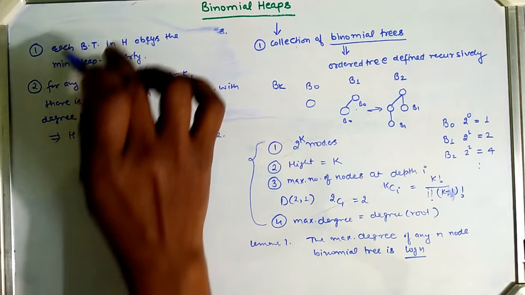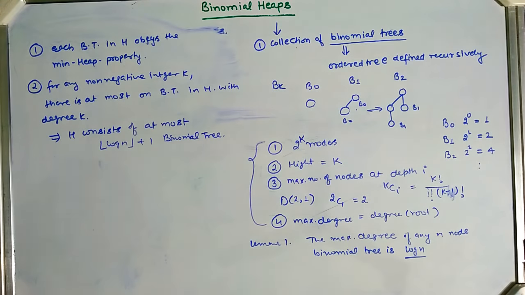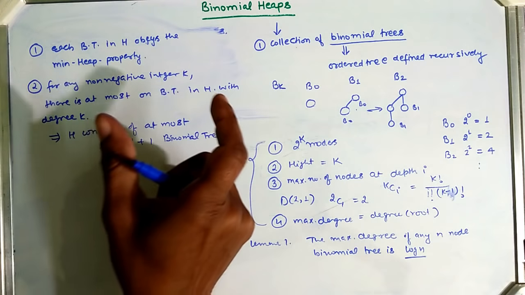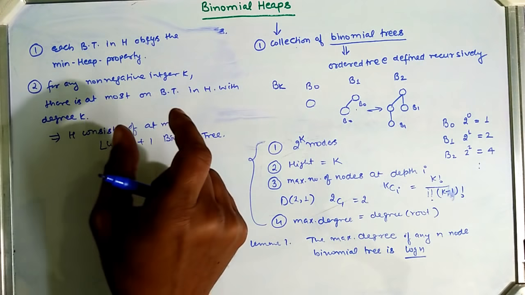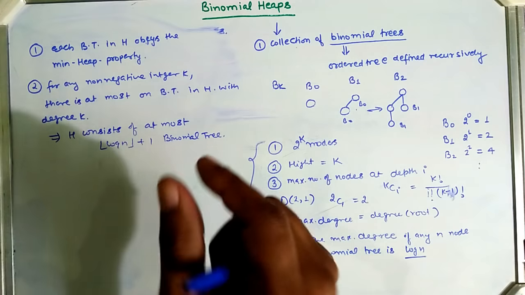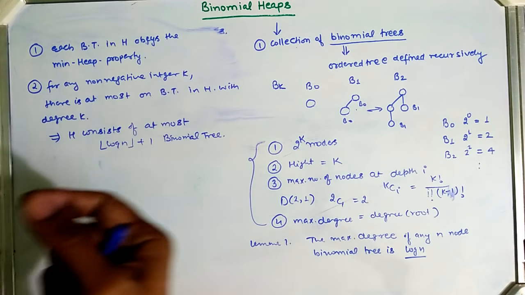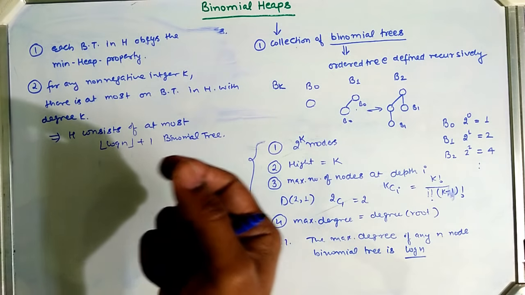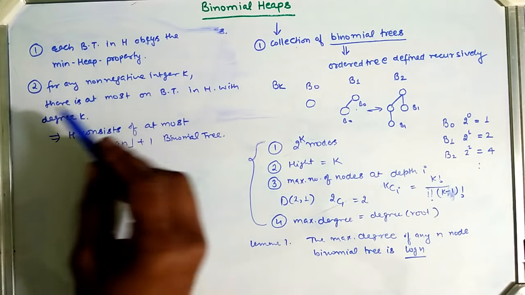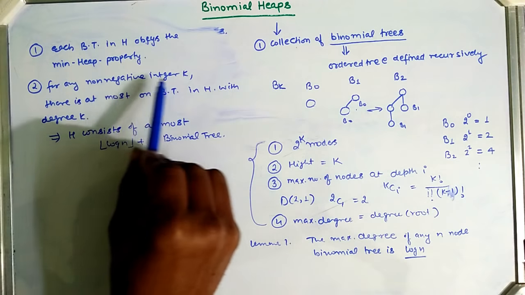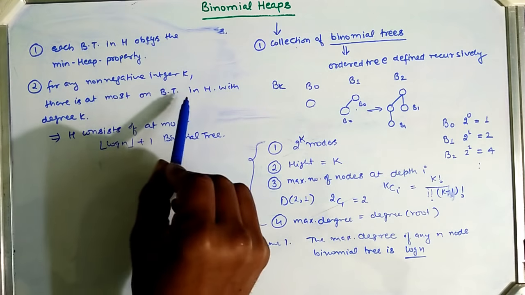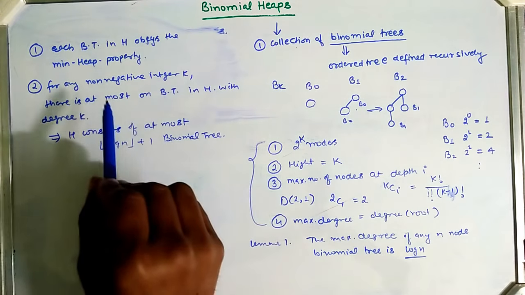The first point says that the root has the smallest value in your tree. So the root list in a binomial heap always has the smallest value in each tree. And for any non-negative integer k, there is at most one binomial tree in heap H with degree k.